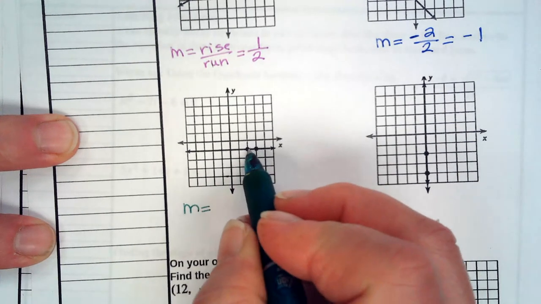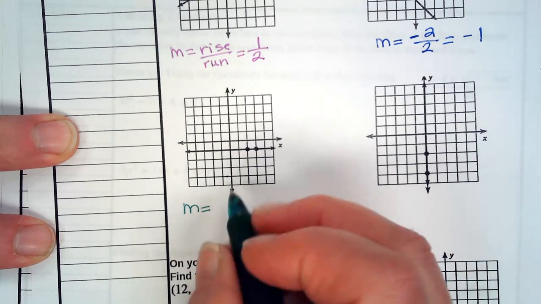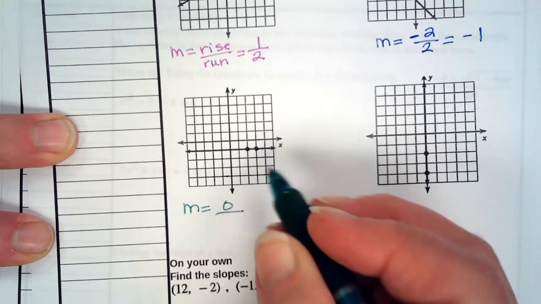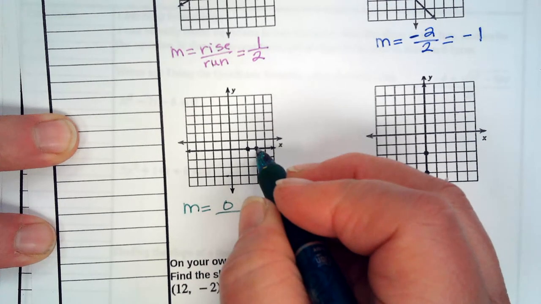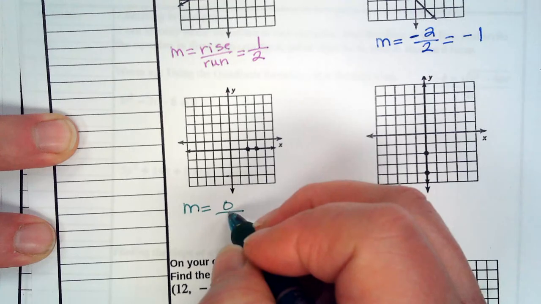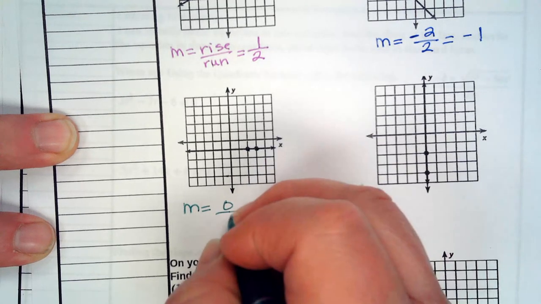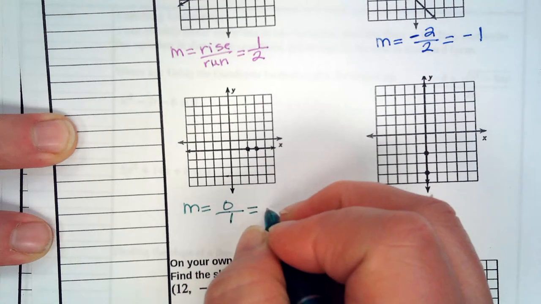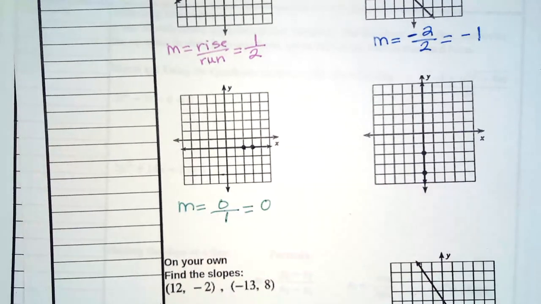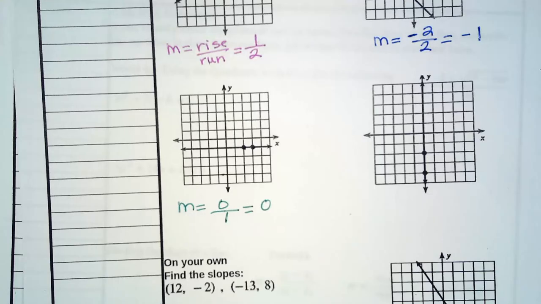Okay, does it go up or down? No. So the top number is 0. The bottom number, the rise is 0. The run is 1. 0 divided by 1 is 0. So that is a horizontal line. Its slope is always, always, always 0.